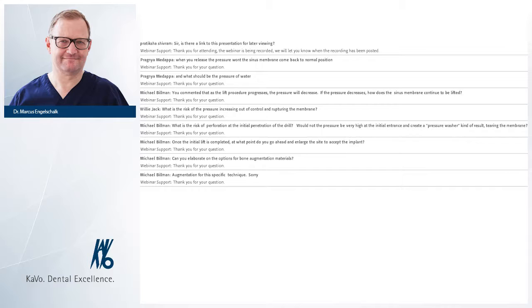My preferred material is xenograft. This is the best thing we can use, because we have to be sure about the resorption of the material. We have to be sure about the transformation from graft to the bone of the patient, that this can take place. We use xenografts, yes.